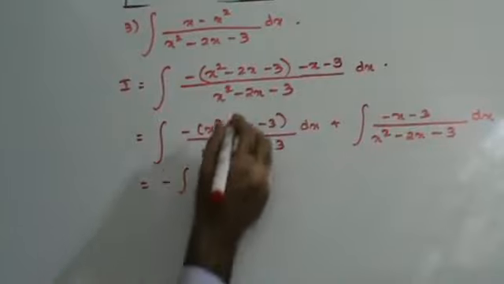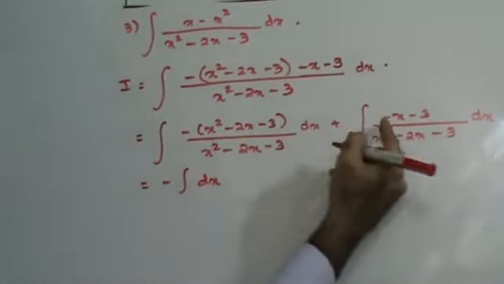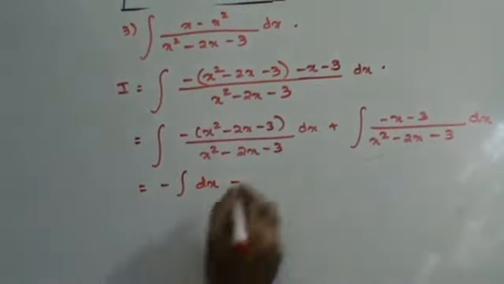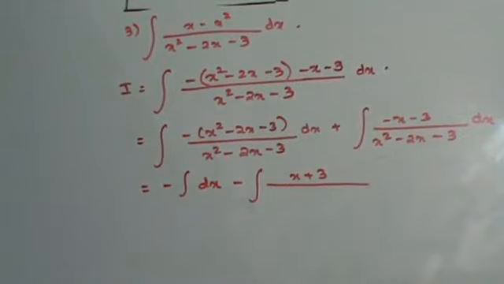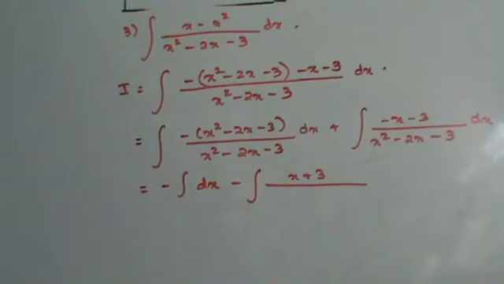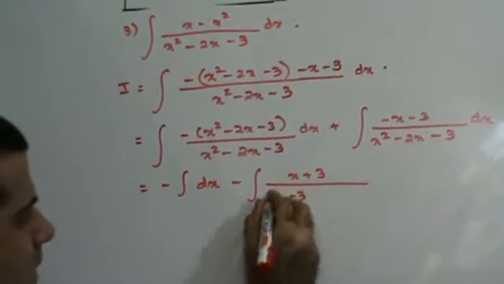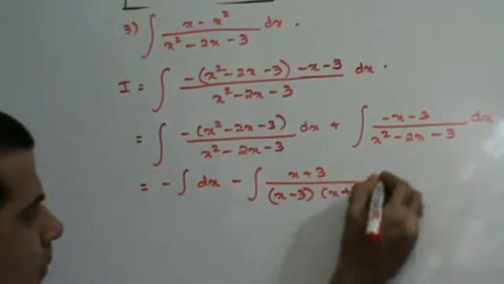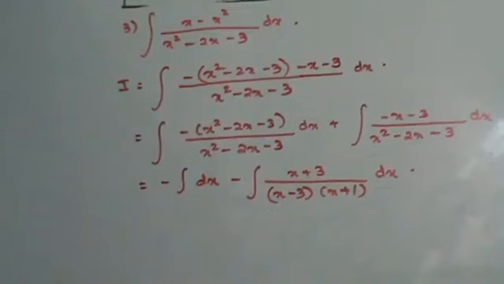Minus sign goes out, cancels in the numerator and denominator, integral of dx. Between these two terms I could take minus sign common, integral of x plus 3. Now 3 factors of 3 are 3 and 1, and minus 3 plus 1 will give you minus 2. Minus 3 plus 1, I'm solving the quadratic, right? Leave that there as it is.